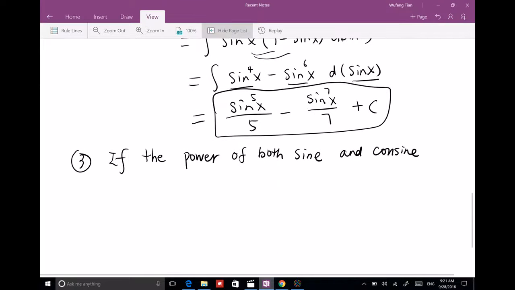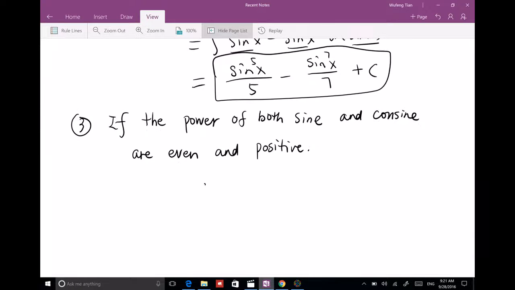If the power of both sine and cosine are even and positive. For example, what if I have sine x squared cosine x squared? What if I have a function like this?